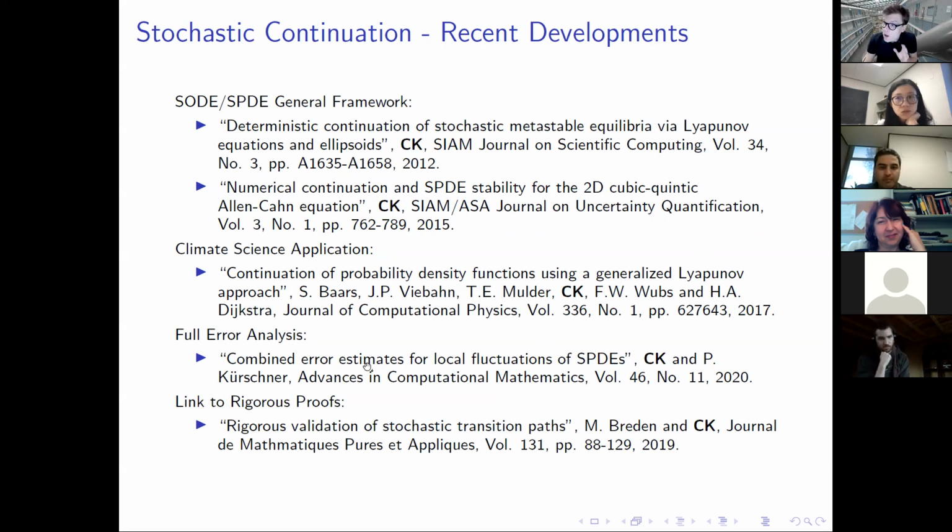And then we did a full error analysis with hard numerical error estimates. And we were also sometimes able to link these by using the computer to use these methods to construct rigorous proofs. Here we only did this for stochastic ODEs, but sometimes when you have a numerical output, you can actually use that to computer-validate the numerical output. This is a step further that I don't have time for, and maybe this audience isn't much interested in it because it's a math bio seminar.